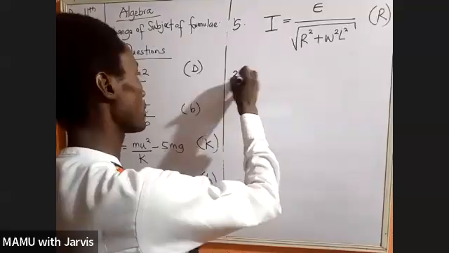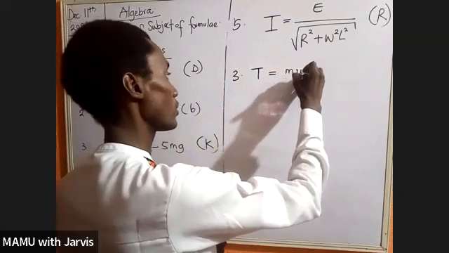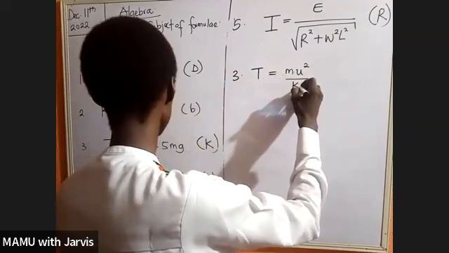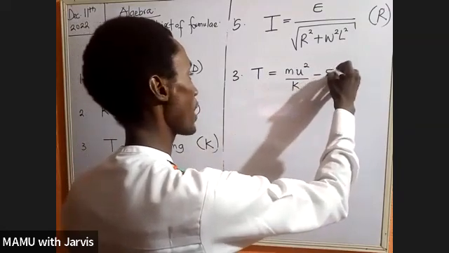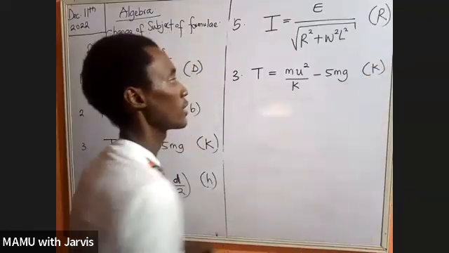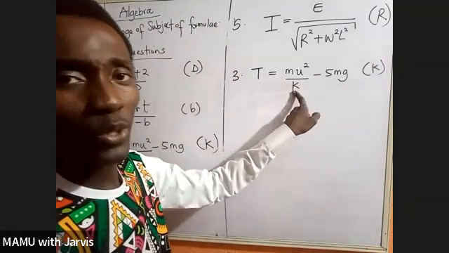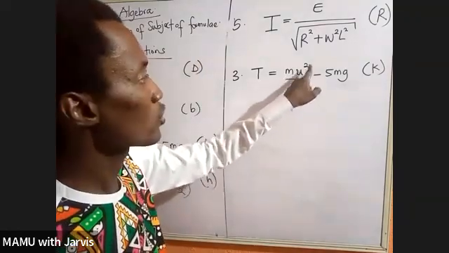Number 3, T is equal to M U squared over K minus 5mg, and we're told to look for K. Now look at where you have K. K is only dividing mu squared.